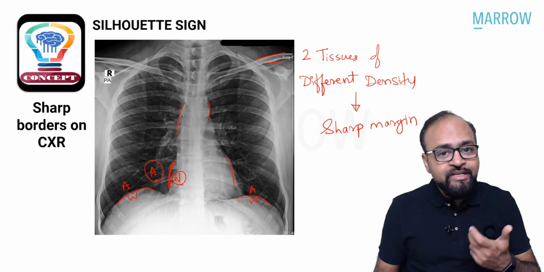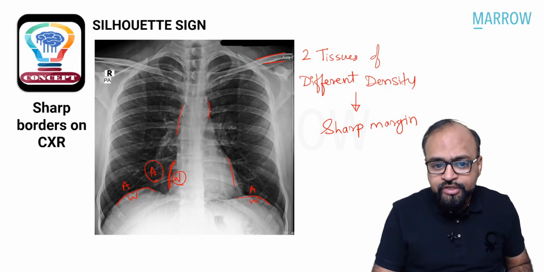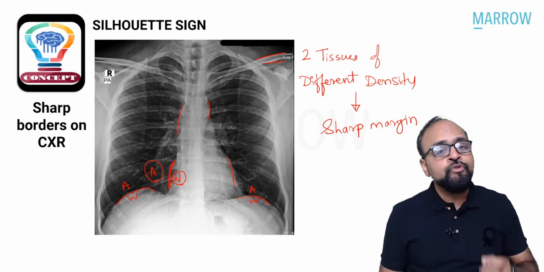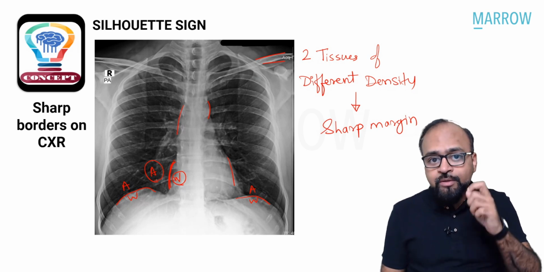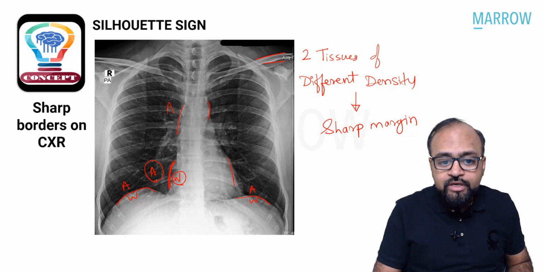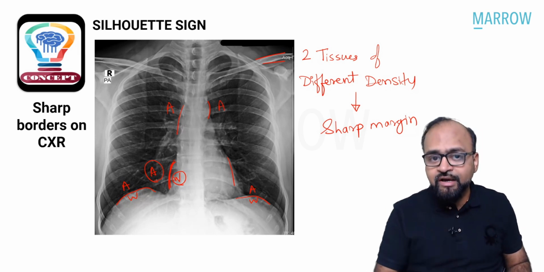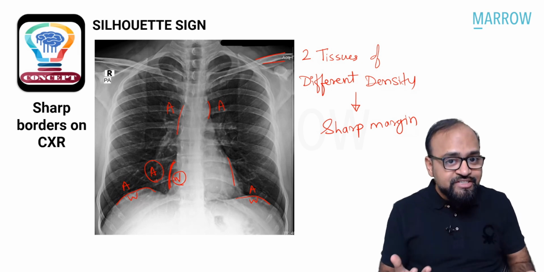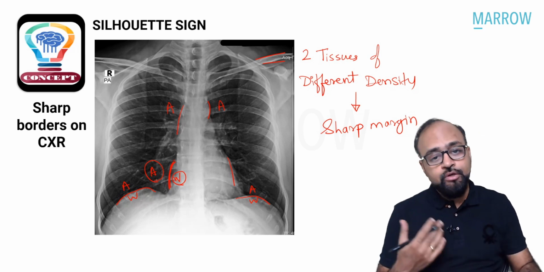Now, on any chest x-ray, remember that whatever sharp margins you see, the aortic knuckle, right upper mediastinal border, right and left heart borders, right and left domes of the diaphragm, you are able to identify only because just adjacent to these structures there is the normal air density within the lungs. If any of this lung became abnormal and changed its density to water density, then that particular margin would be lost.